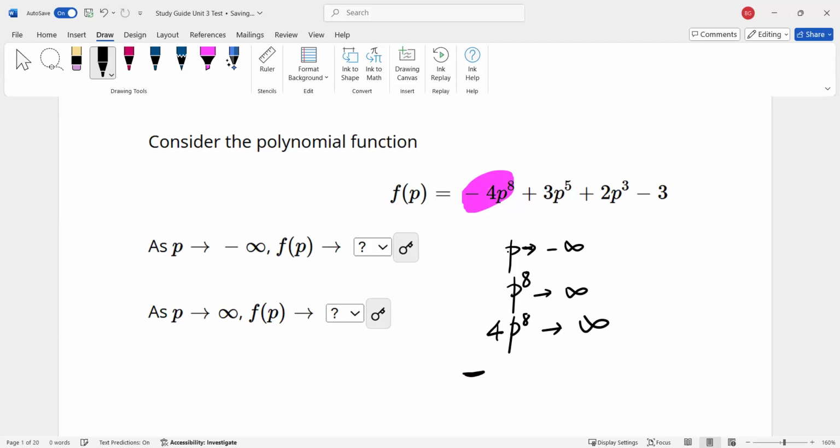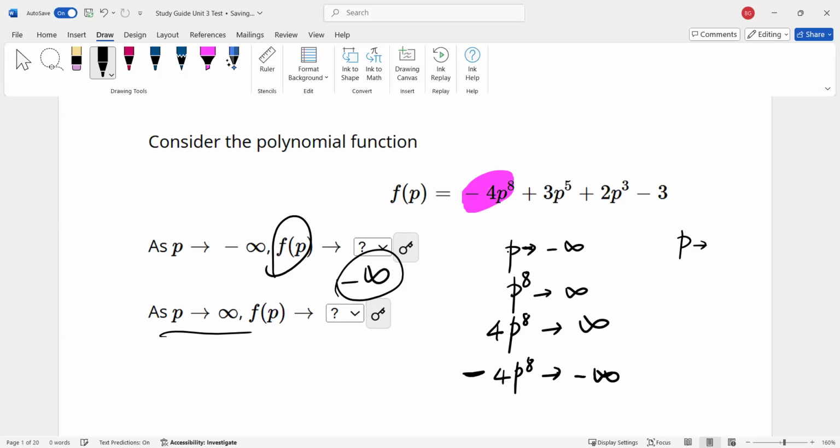But if we multiply by the negative sign, it changes the sign, so it's going to approach negative infinity, right? So when p approaches negative infinity, the function approaches negative infinity, so you should choose negative infinity here. And now let's see the end behavior when p approaches positive infinity.